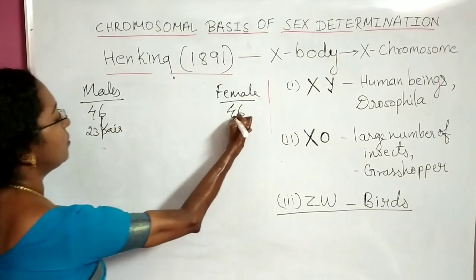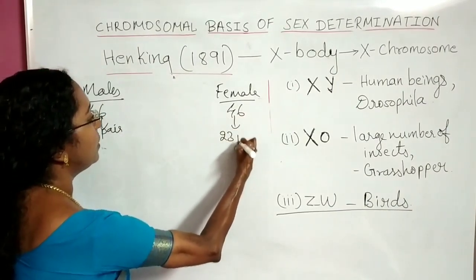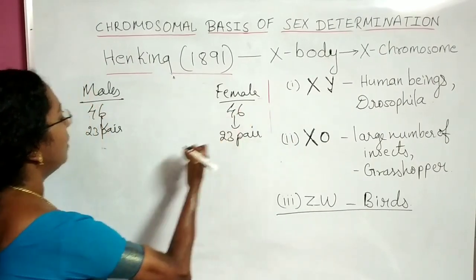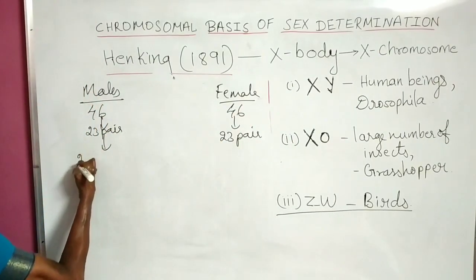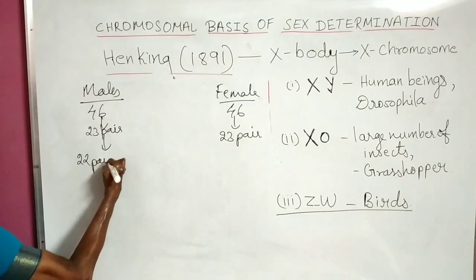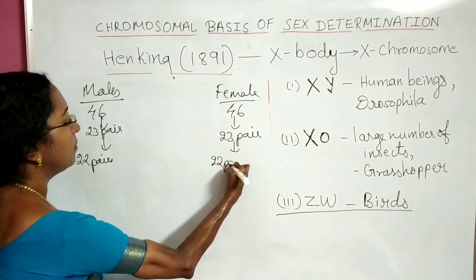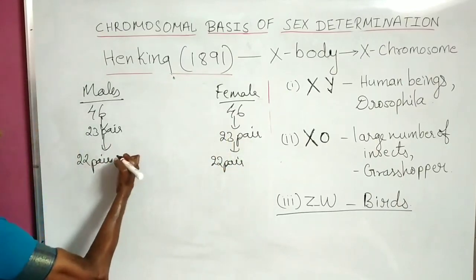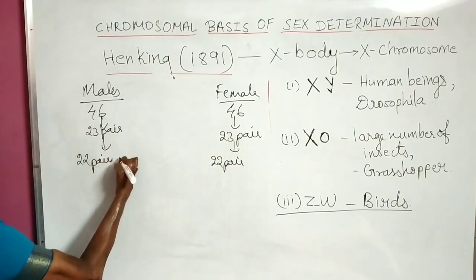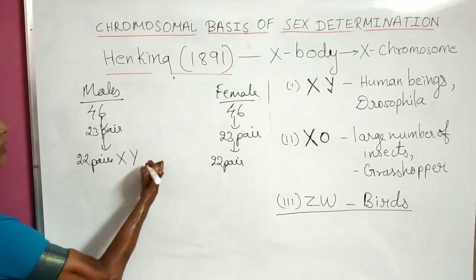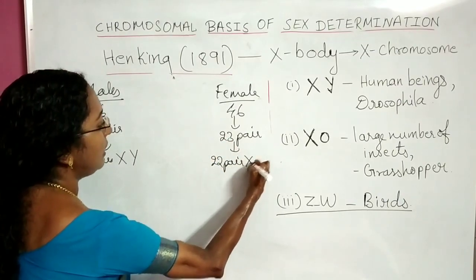Out of this 23 pairs, we told 22 pairs are exactly same. One pair is different, and that one pair in the case of male is XY. In the case of female, it is XX.